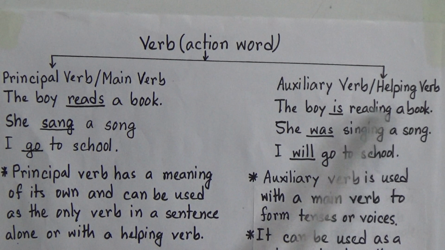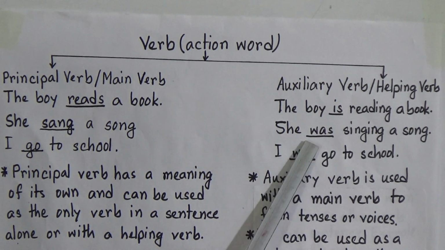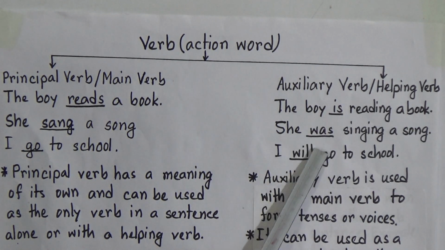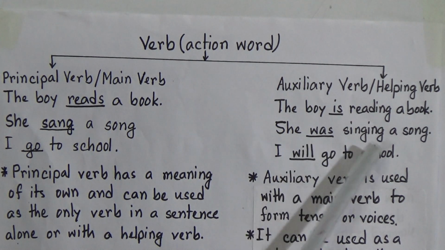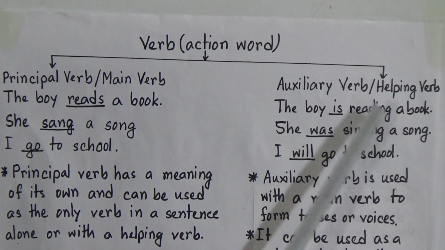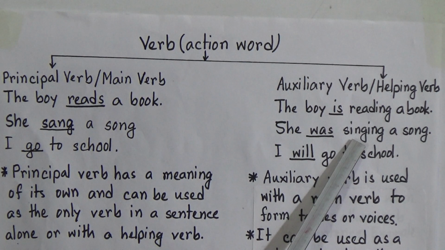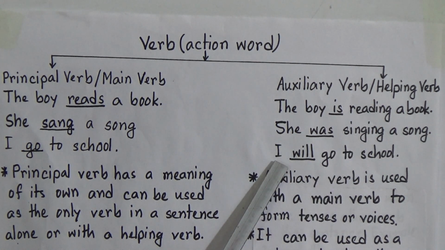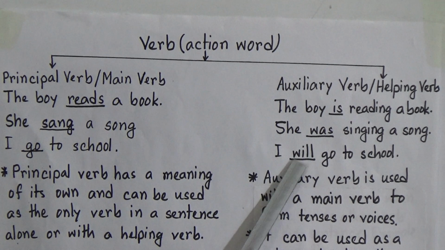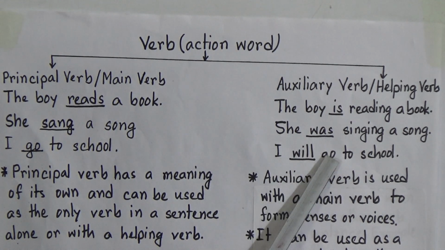She was singing a song. The verb was is auxiliary here or helping verb here because it sits here to help the verb sing, and here read and sing are the main verb or principal verb. Now look at the third example. I will go to school. Will sits with the verb go.